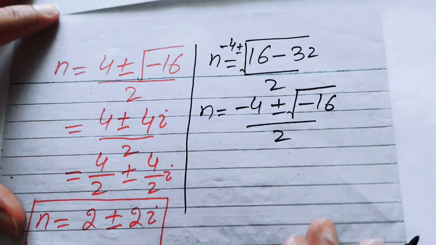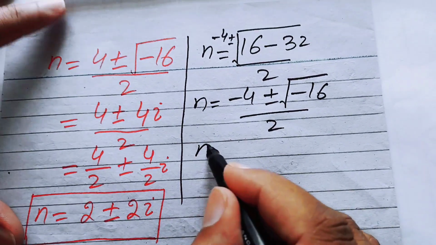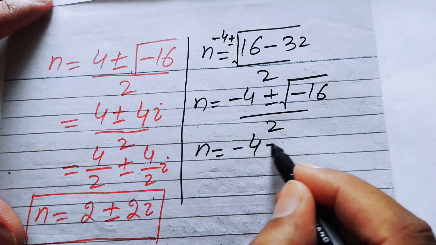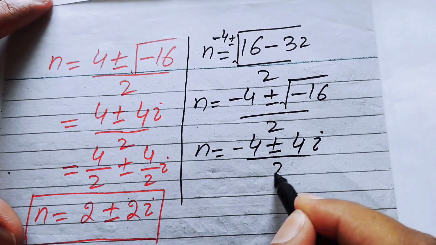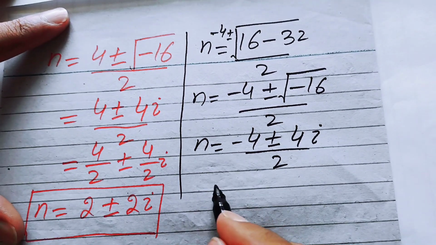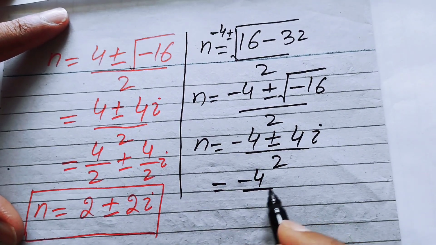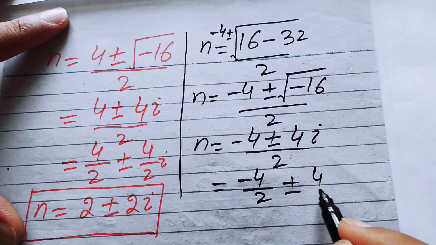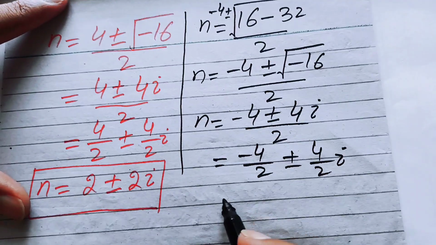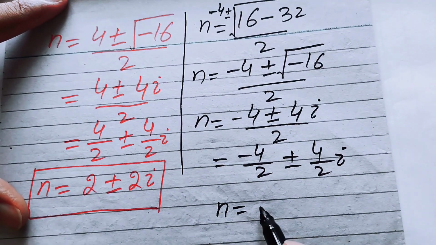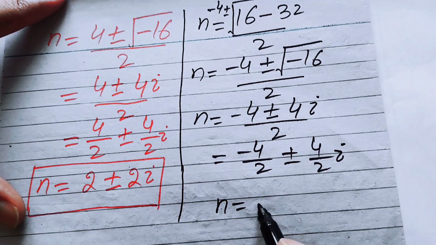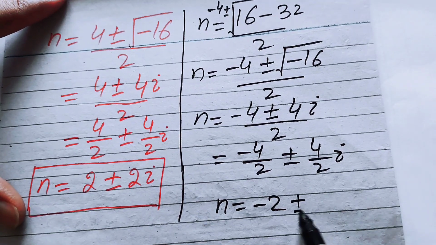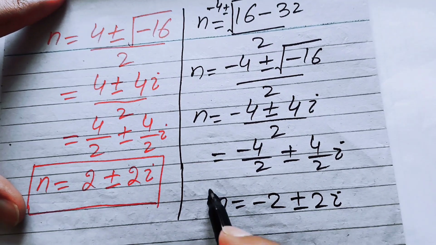Now we simplify the terms, so you get n is equal to minus 4 plus minus 4 iota over 2, and now we separate the terms, and you get minus 4 over 2 plus minus 4 over 2 iota, and after cancellation you finally get the other two complex roots of the given equation, and these are minus 2 plus minus 2 iota.